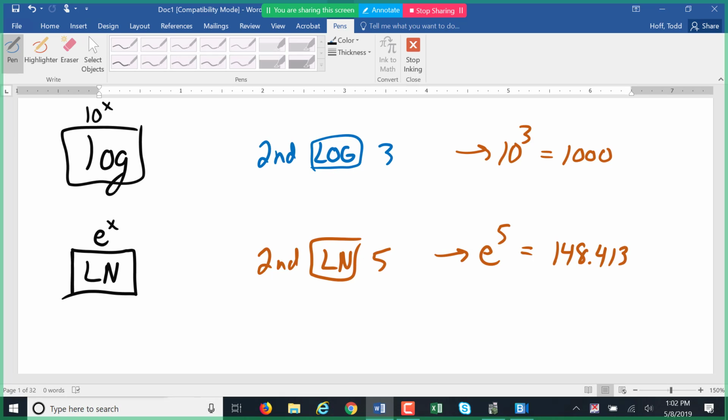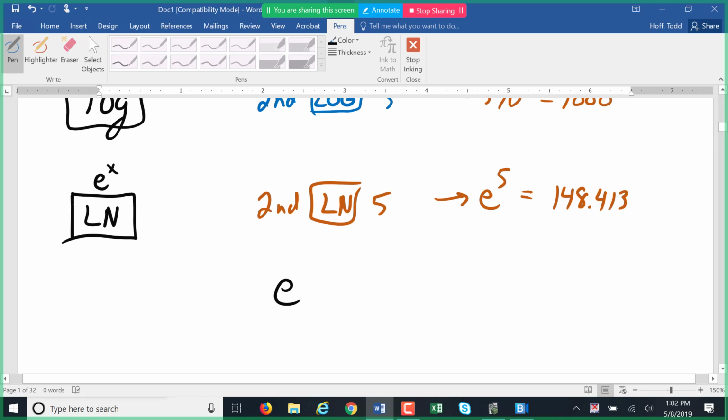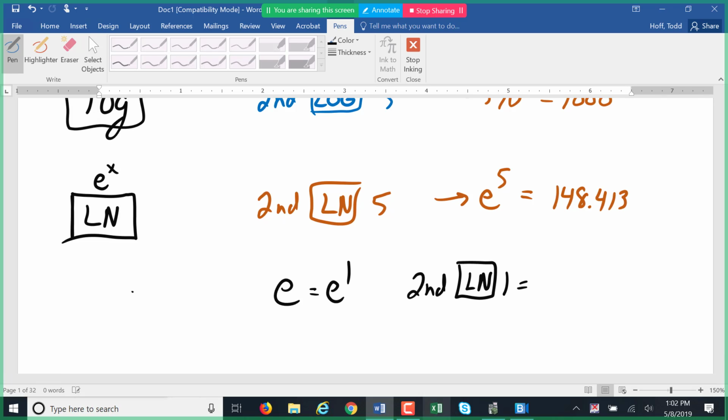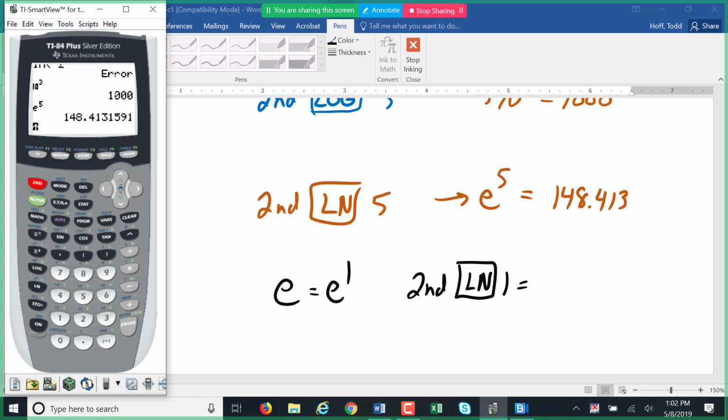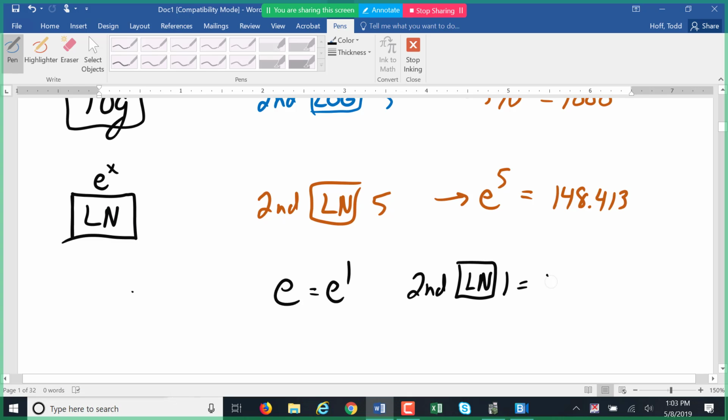So to find the value of e using this, we would express e as just e to the power of 1. So that means you're going to do second ln 1, and that gives you the value of e, 2.7183.